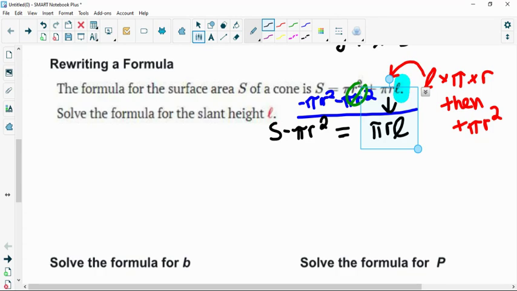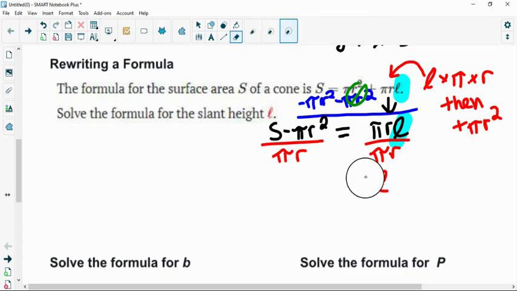We're still working on trying to get the slant height by itself, but it's being multiplied by pi and r. So to undo that, let's use our division property. Let's divide by everything that's being multiplied to the L. Now, pi times r divided by pi times r leaves me with 1L for my slant height.